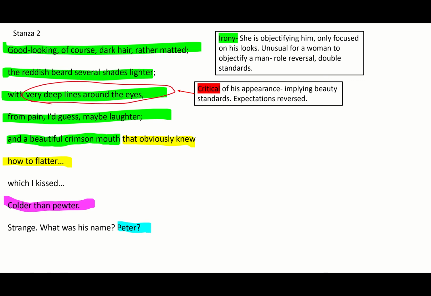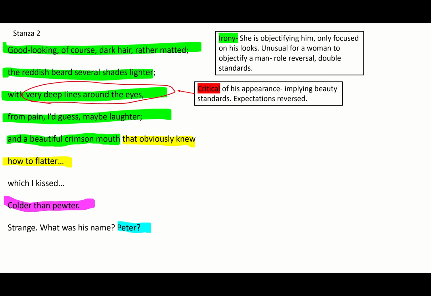And there's this line here with very deep lines around the eyes. So she's talking about his physical appearance, and this line is particularly critical. So she's commenting very deep lines around the eyes, which is quite critical of his appearance, which also implies beauty standards. Like, oh, is he looking old, or what is that?